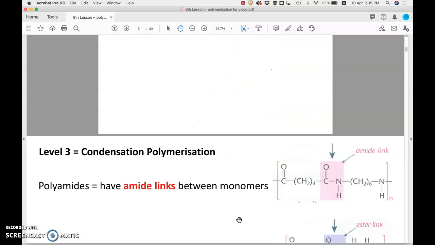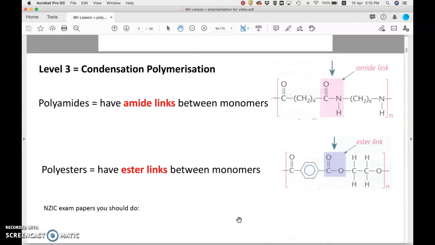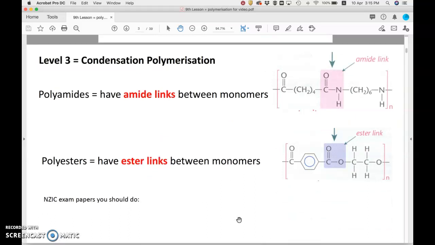Now into the level 3 concepts. So the first type of polymer we'll look at is the formation of polyamides. Now you'll see in the second part of the name, amide, that sort of gives it away. They form through the amide links.